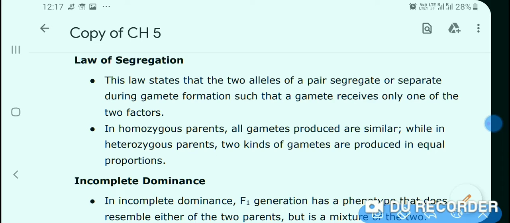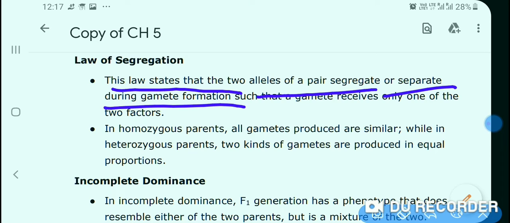In the F1 generation, this was suppressed, but in the F2 generation, this again appeared. What is the law of segregation? This law states that two alleles of a pair segregate or separate during gamete formation such that a gamete receives only one of the two factors.